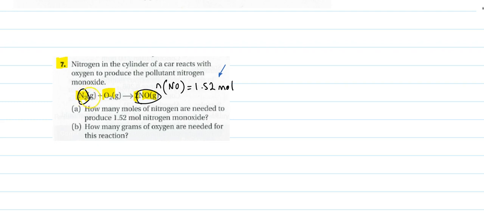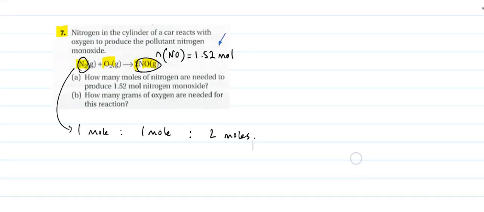So you could say 1 mole of nitrogen reacts with 1 mole of oxygen to produce 2 moles of nitrogen monoxide. Okay, so 1 mole to 1 mole in the reactants produces 2 moles of product. And this forms the basis of our ratioing later on.